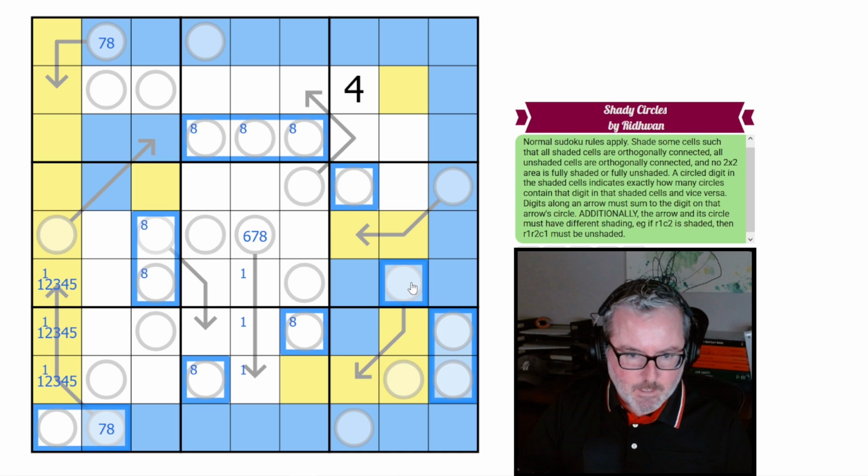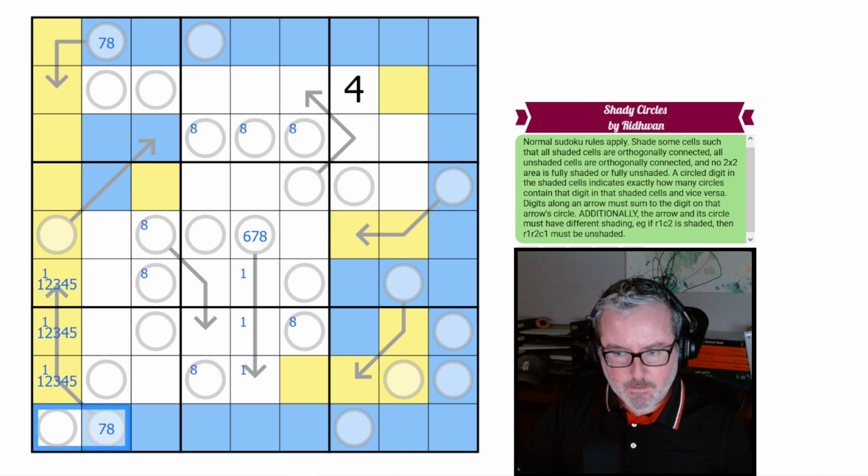Now it seems like that could work. We'd have to get another one in here somehow. But all of these are technically options. So let's mark these.